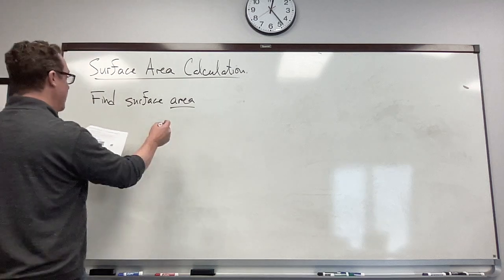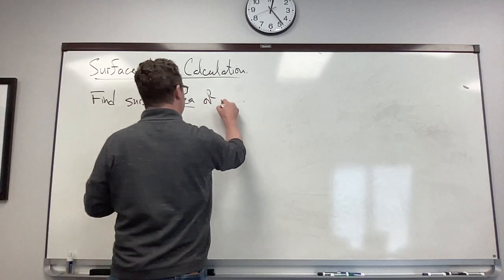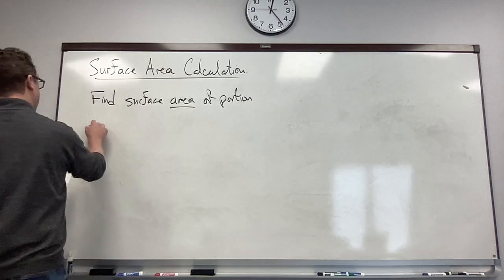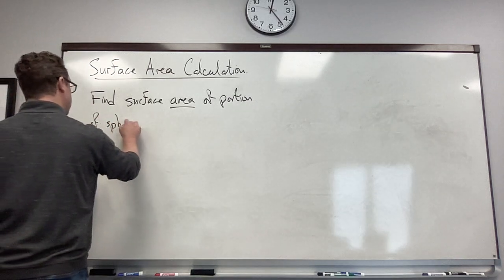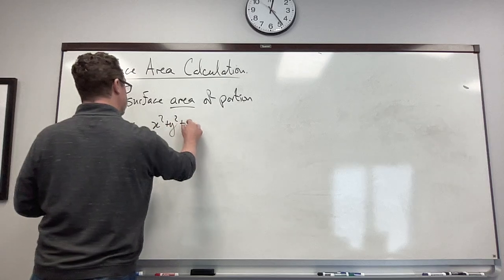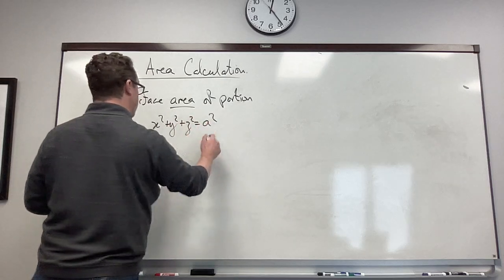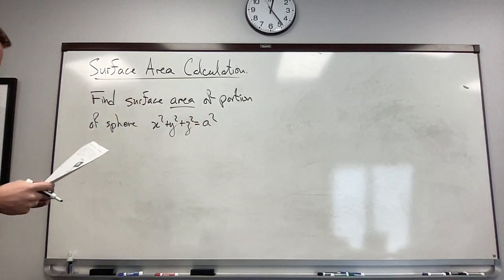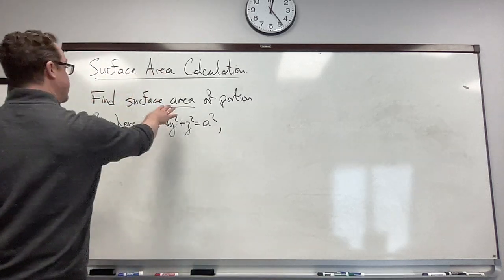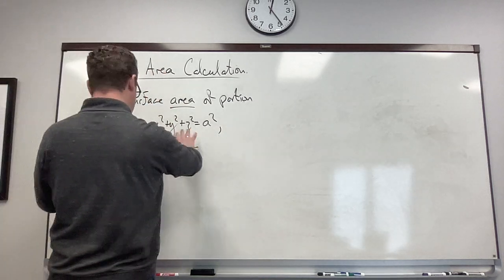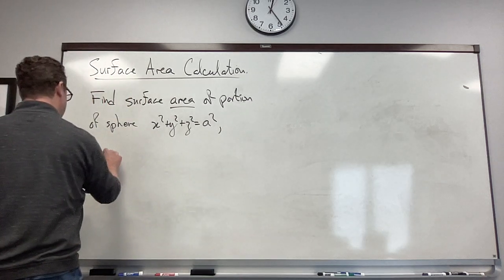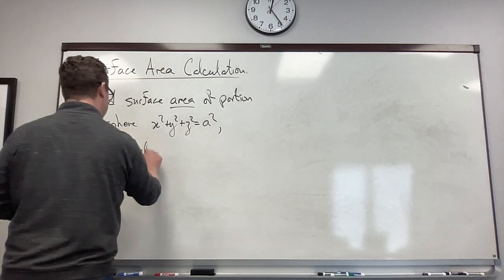So find the surface area of the portion of the sphere defined by x squared plus y squared plus z squared equals a squared. That's a straight up sphere of radius a, centered at the origin. So the surface area of the portion of the sphere described by this that is above the xy plane.